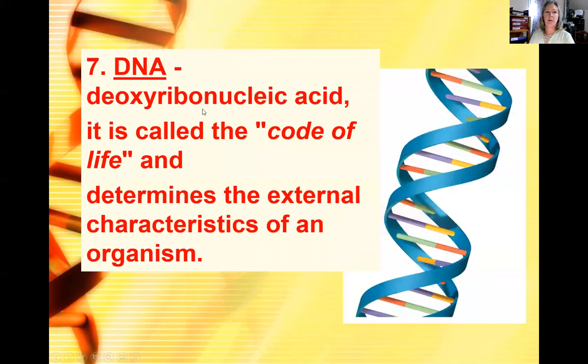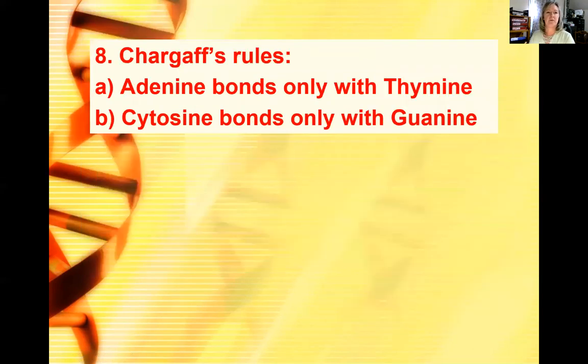So the deoxyribonucleic acid, there's your D, N, A. Or ribonucleic acid, R, N, A. It's also called the code of life. It determines those alleles or those characteristics or the phenotype, what we express or what we see, the characteristics of an organism.